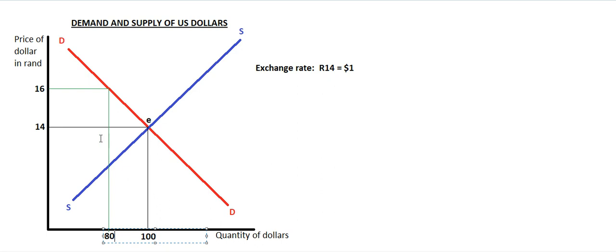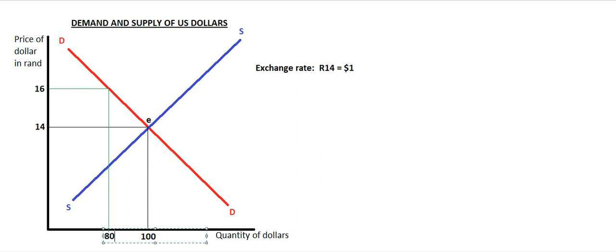If the value of the dollar goes up, we have to give more Rand for $1. The Rand is depreciating, and the dollar is getting more expensive. So instead of giving 14 Rand to the dollar, now we have to give 16. Immediately you can see that the quantity demanded decreased from 100. Now only 80 people are willing to buy dollars because it's too expensive. They don't want that.